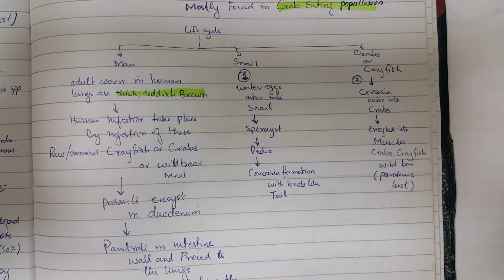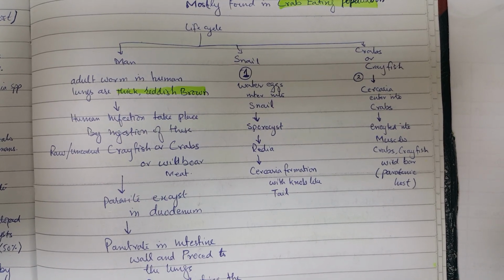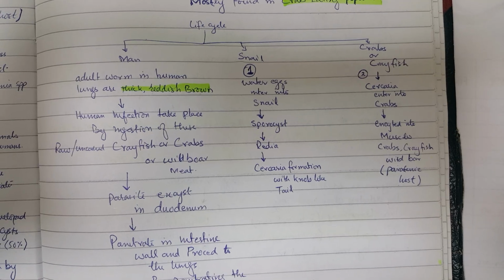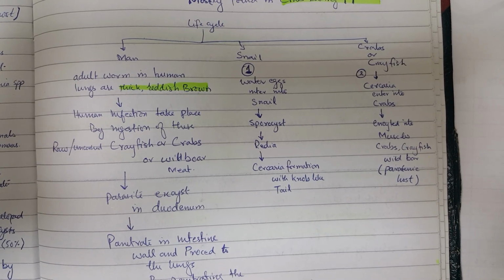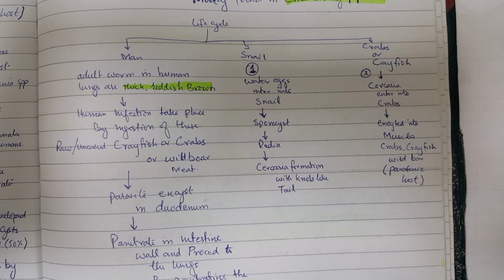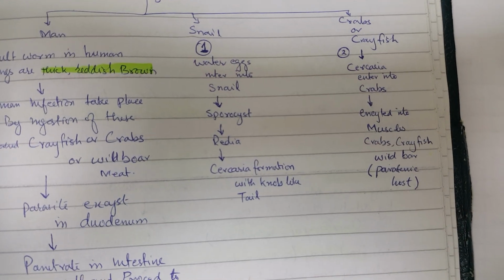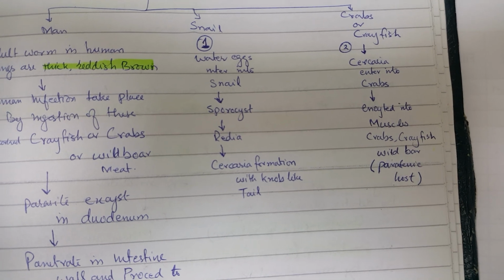Then the cercariae enter crabs or crayfish, and encyst in the mussels, crabs, and crayfish, which are the second intermediate host. You can see it is a paratenic host.